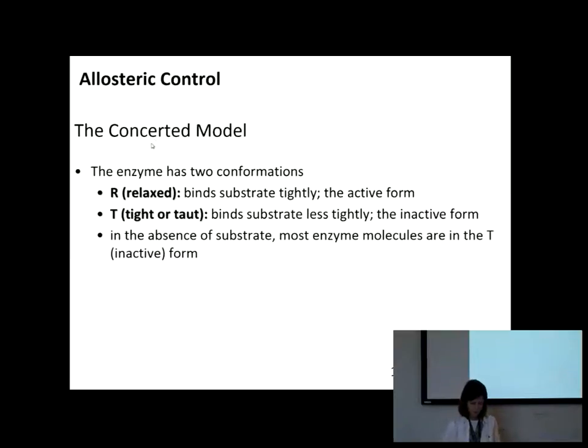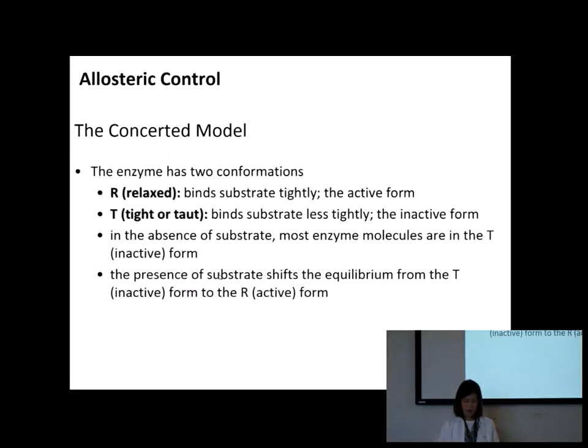And we have two models, the concerted and sequential models. The concerted model says that there's an equilibrium between these two forms. But at the beginning, almost all of our enzyme molecules are in this hard binding, inactive, tight, taut form.